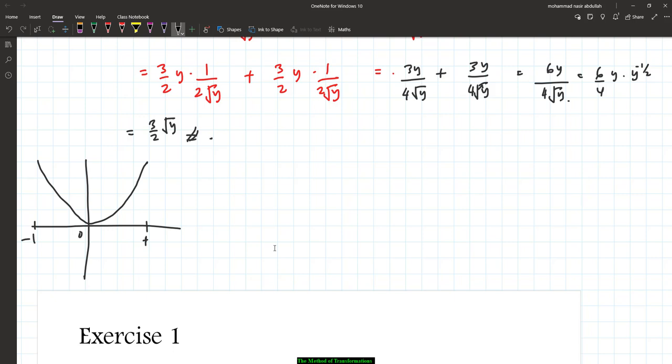This is 0. This is x, y. So our domain here is, since square root of y, from 0 to 1. Right? So then our PDF gy should be equal to 3/2 square root of y from 0 to 1.